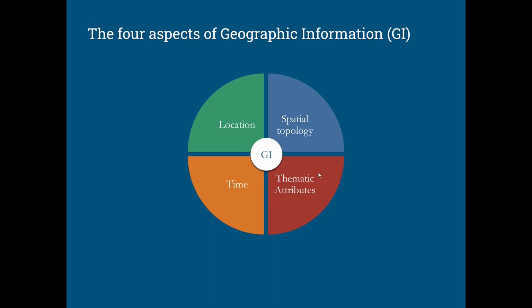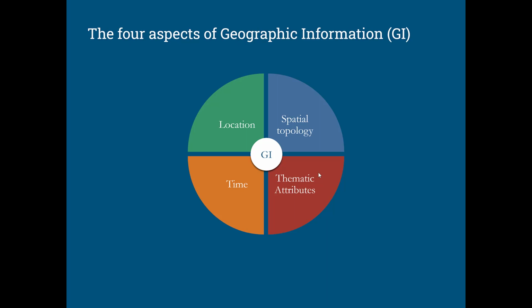So what's that? For example, in Los Angeles County, this is location information. How large the population is, that is the thematic attribute of LA County, right? In Texas today, how many people get affected by COVID-19?